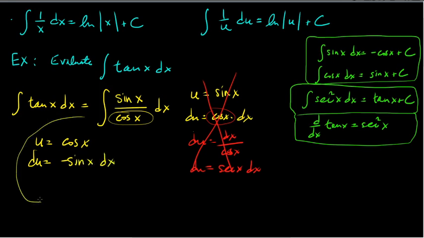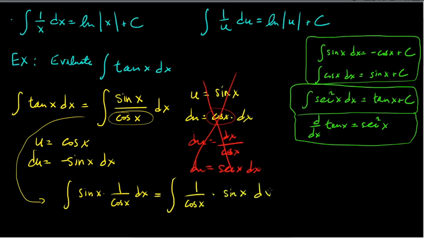So let me just copy that down here. This is the integral of 1 over cosine x times sine of x dx. That looks a little better.